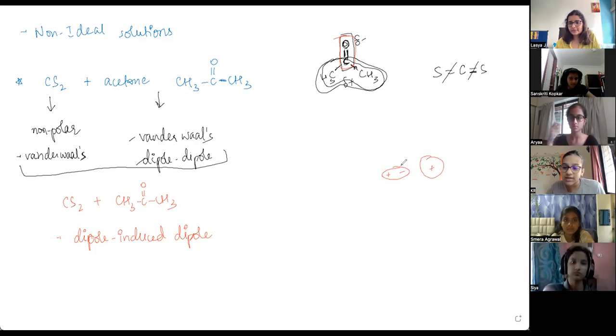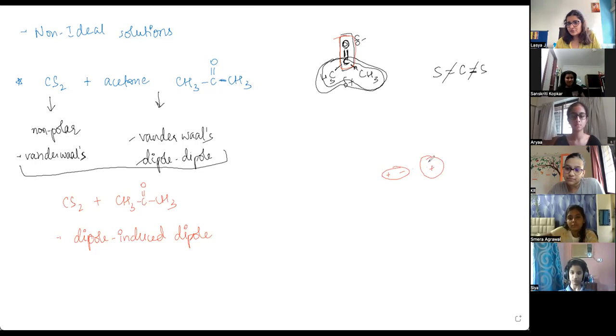Correct. And it's a very weak bond. So a polar molecule, if it comes close to a non-polar one, which is not polar because the charge is equally distributed throughout, your negative charge is going to repel the negative charge. So it's going to induce a small amount of dipole here because of the proximity.